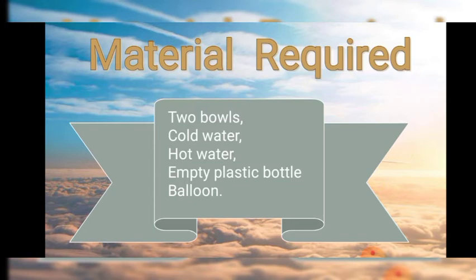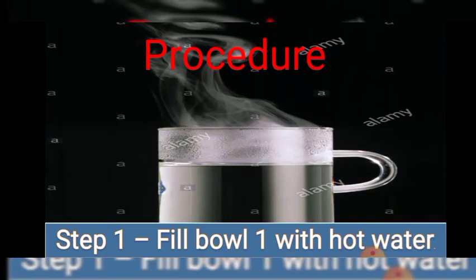Once we write whatever material is required, the next step is to write the procedure. Why we are conducting that experiment has already been defined, but how are we going to do that experiment? So, the procedure for the same is step 1, that is, fill bowl 1 with hot water.